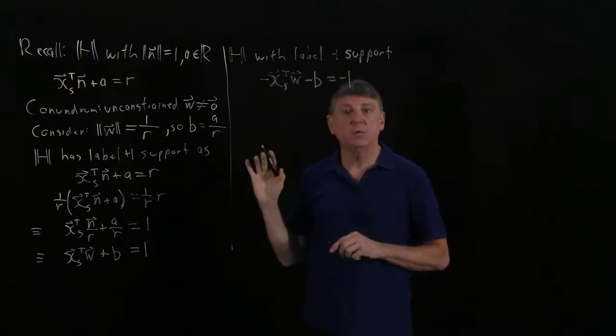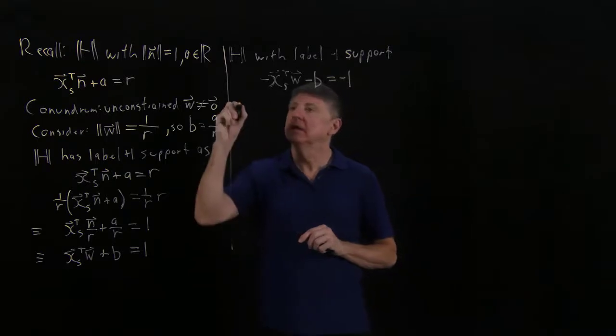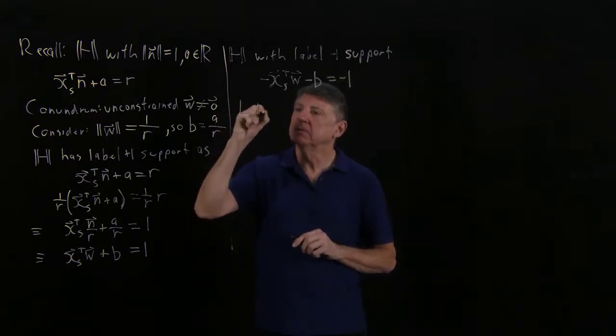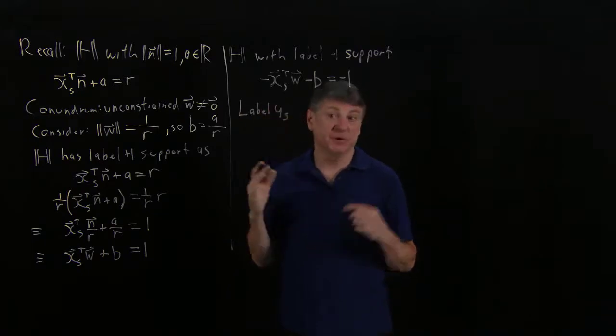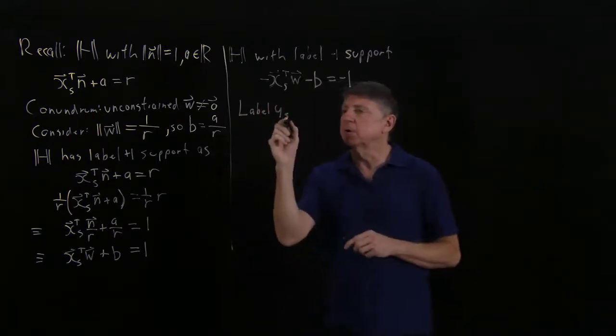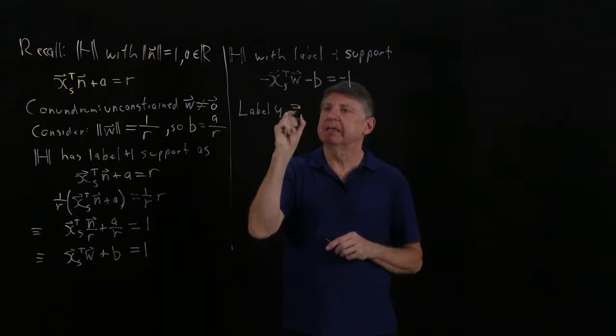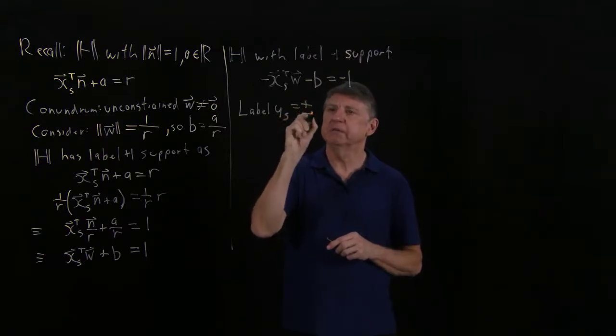And I can now combine these. We know that the label for every support vector is either plus or -1.